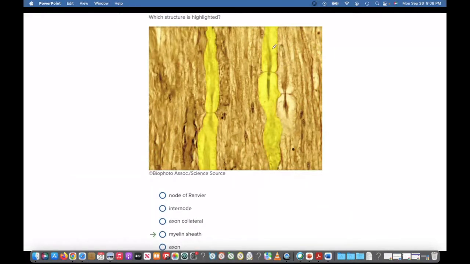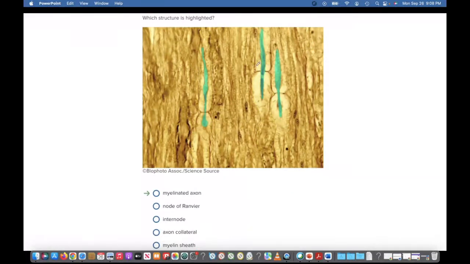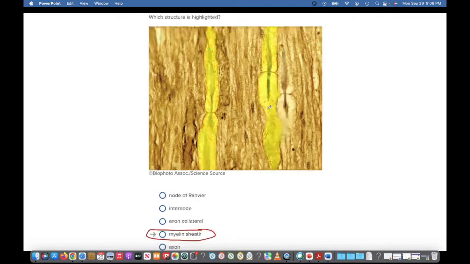Okay, now we're looking at the external yellow portion. That's that cholesterol and lipid and fat, that's the myelin sheath. Now, what's on the inside of that myelin sheath right here? Well, that's the axon. It's a myelinated axon. The myelin is what we saw here.